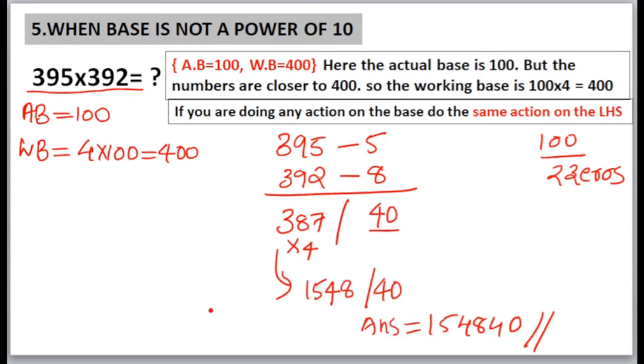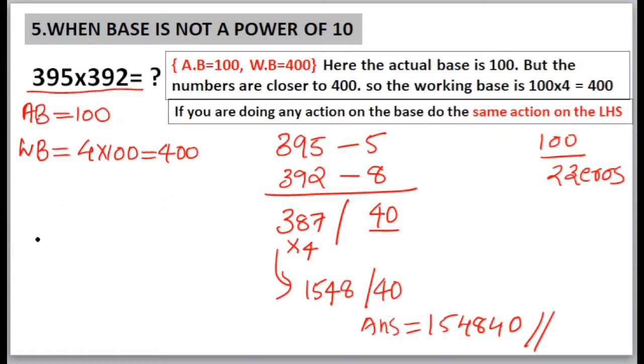Actually, it will take few seconds. You don't have to write all these terms. You just have to write 395 minus 5, 392 minus 8 and write your LHS and RHS term. Find this answer. You don't have to do all these steps. But when you are a beginner, you have to do all these steps. Actually, the steps will take only few seconds if you are an expert. So your RHS and LHS term, I will write here.